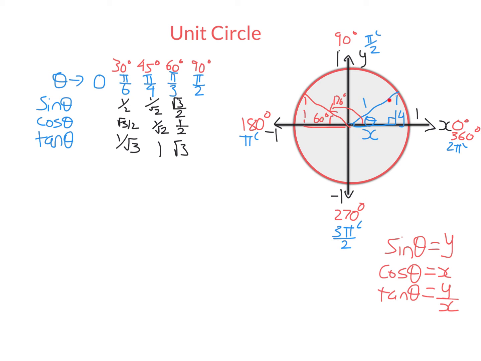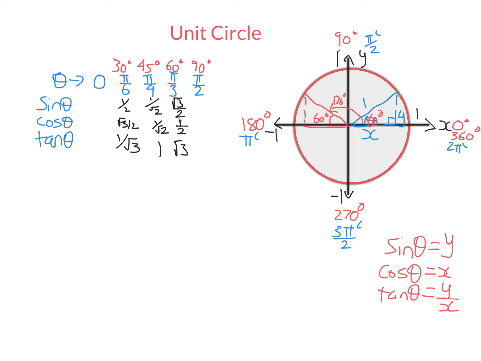So if this angle is 60 degrees, how can I find sine, cos, and tan? Well, what I do is I find an equivalent ratio in the first quadrant. So if I make this angle here 60 degrees, these two triangles will be congruent. So this distance and this distance will be the same. This distance and this distance, they'll all be the same.